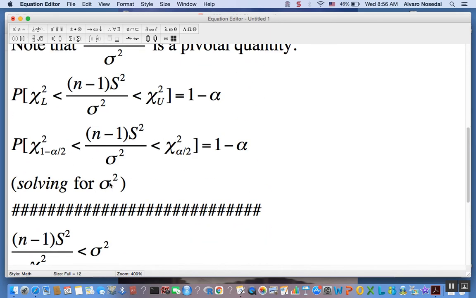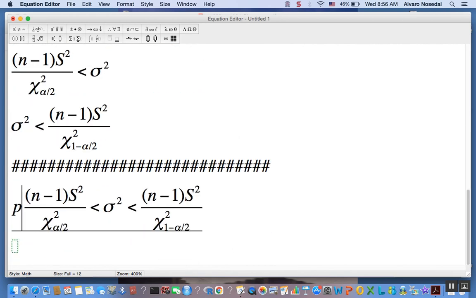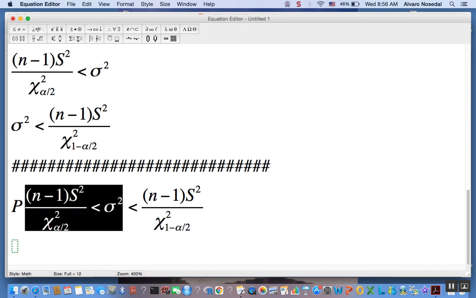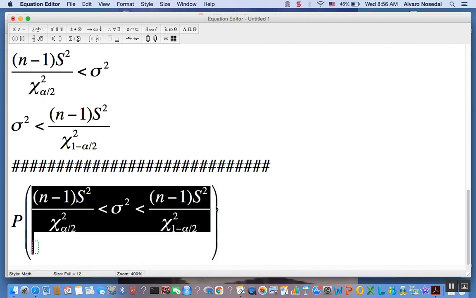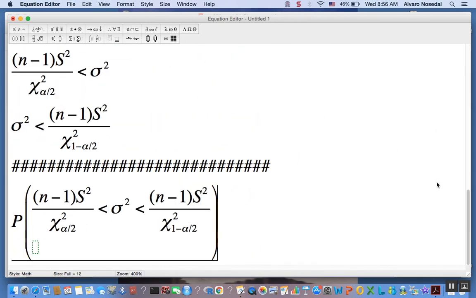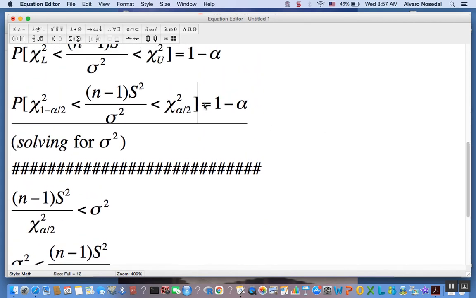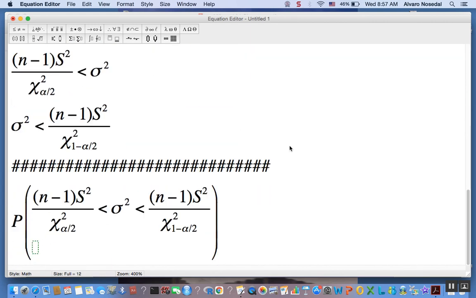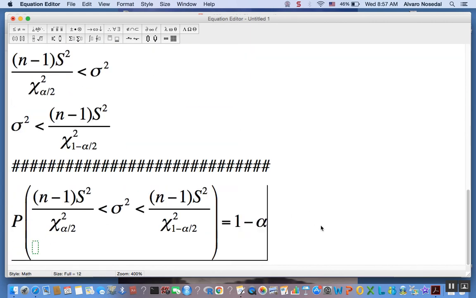We just solved for sigma squared. So the probability of that event is going to be 1 minus alpha by construction, right? Make sense? Okay.